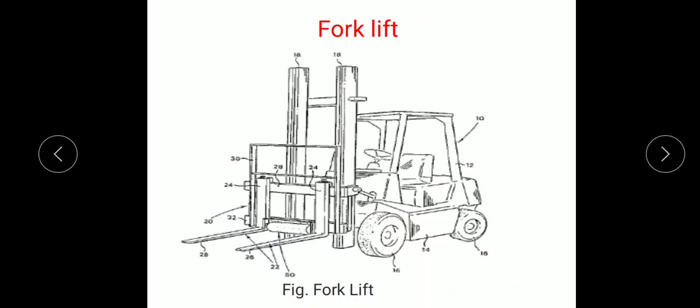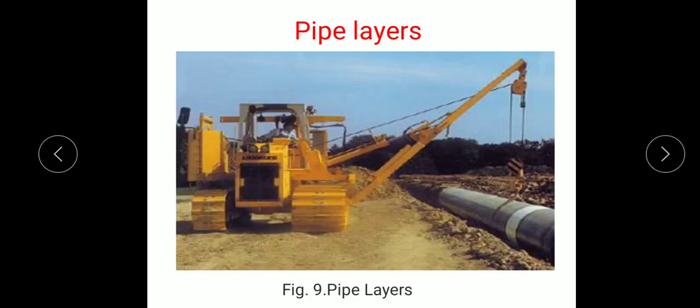The next type is the forklift. Here we can see a forklift, to which hydraulic pressure is applied, because of which the bucket will excavate the required material. Figure 9 shows pipe layer type of loaders.